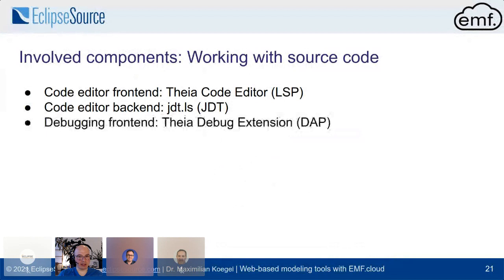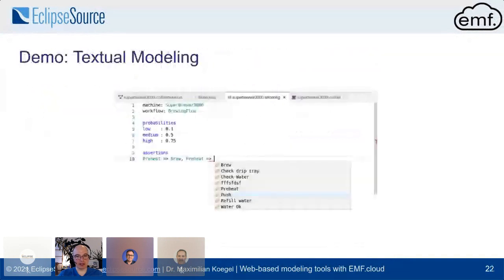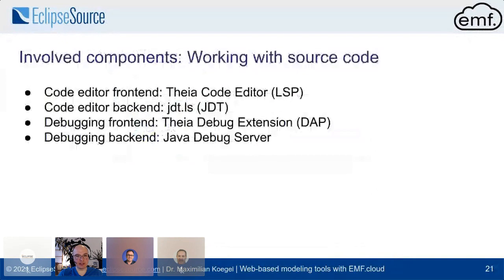For the debugging, it's kind of the same thing. There's a debug extension in the front end, and in the back end, there's a Java debug server. So again, the Theia code editor and the Theia debug extension are agnostic to the particular language. And only in the back end, you need to find components that support your particular language. So that's JDT-LS to support Java, but there's obviously language servers for other languages.